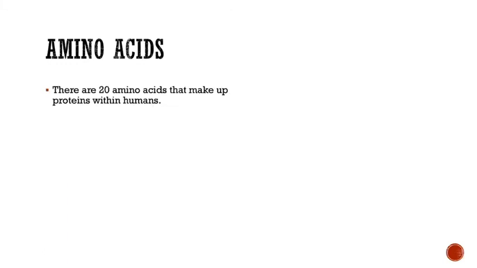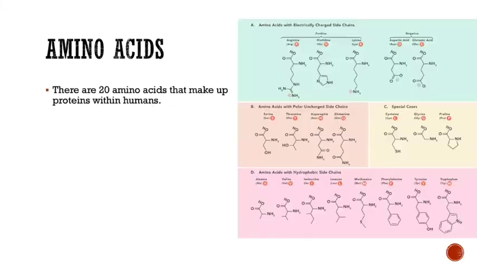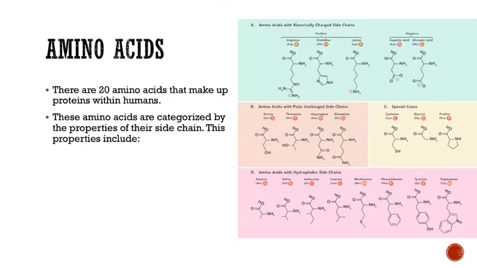There are 20 amino acids that make up proteins within humans, and they're categorized based on the properties of their side chain. Here you can see the alpha carbon bound to carboxyl and amino. All of these parts are the same for all these molecules, but it's the side chain that differs, and they are categorized together based on its properties.